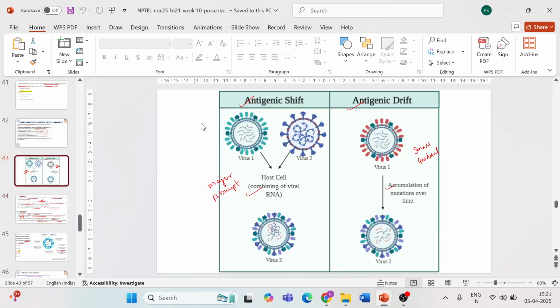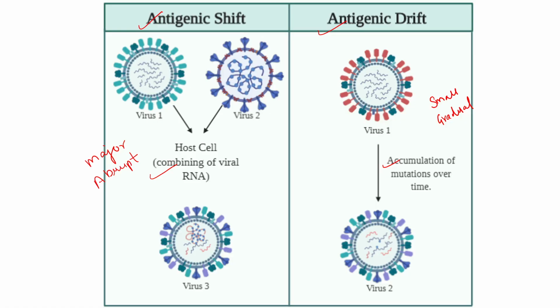So see, what is antigenic shift? First, we see antigenic drift. It is a small and gradual change, like the surface receptors changing, an accumulation of mutations over time. After a few years or after a long time, virus 1 will change into virus 2. You can see that initially the receptors were different, and in virus 2 the receptors are different.